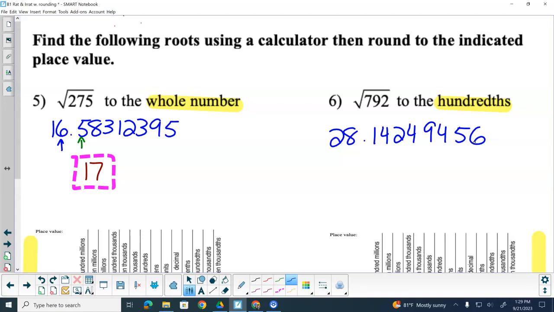How many spots to the right of the decimal point is that? That's 2 spots to the right. So I'm rounding to this one here, which means I look here, stay or up. That's a stay, so this would be 28.14.